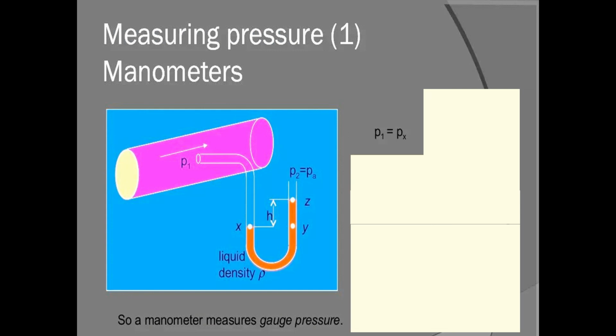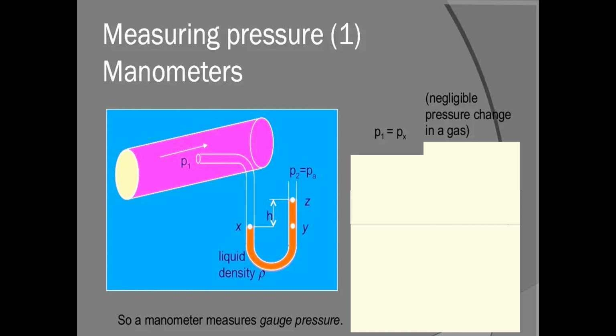So in this case, P1 is equal to Px, considering that our fluid on the pipe is a gas. Remember that gas has substantially smaller density than that of the liquid.